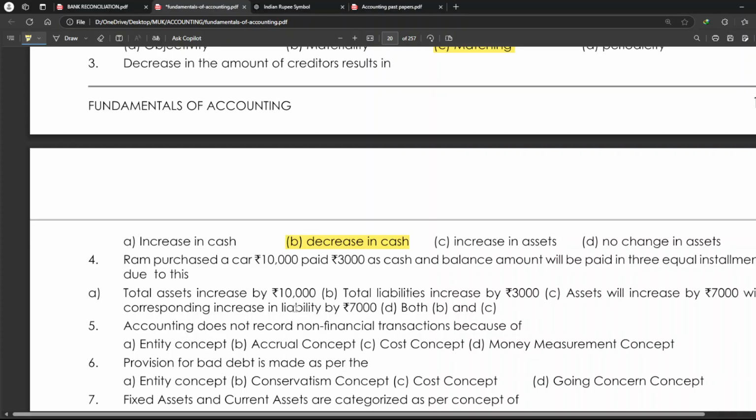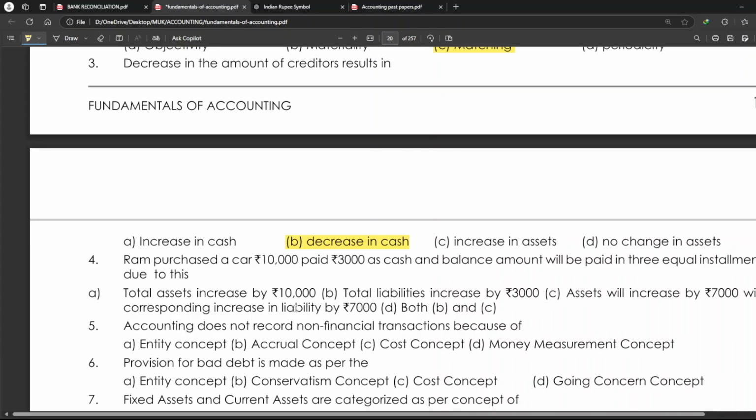Ram purchased a car for 10,000 rupees, the symbol for the Indian rupee, and paid 3,000 rupees as cash, and the balance amount will be paid in 3 equal installments. Due to this, what will happen to total assets?